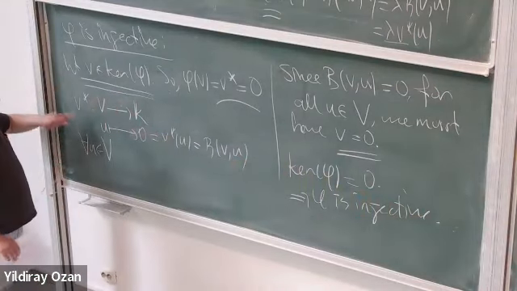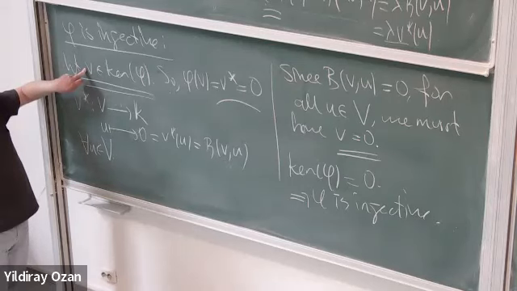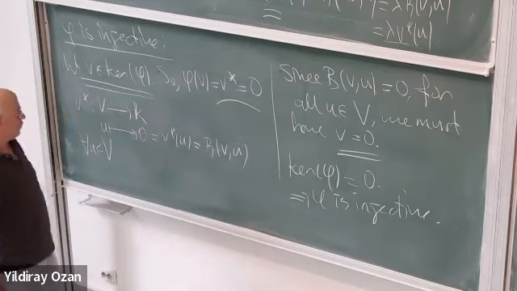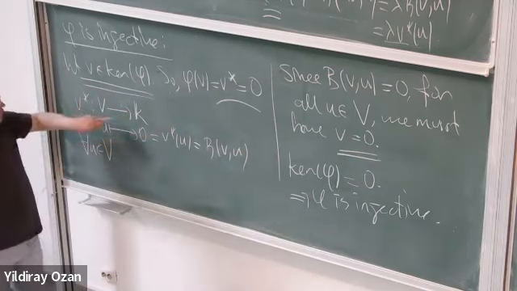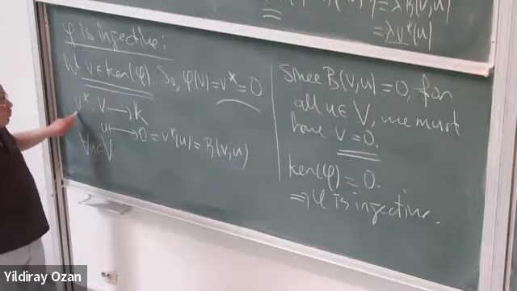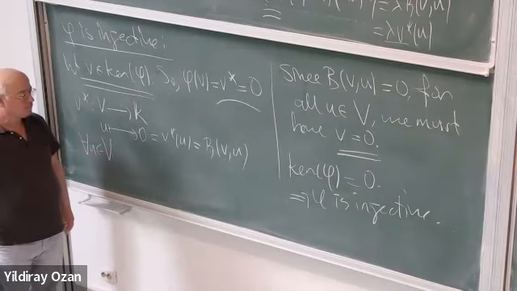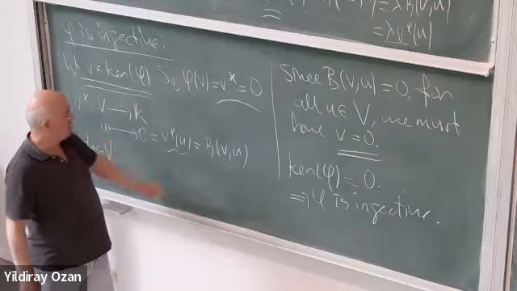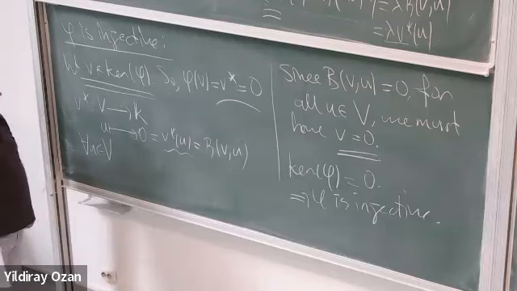Okay, now we chose an element in the kernel, so this means phi of V, which is V star, is 0. But what is this? V star is just a linear map from V to K, and it is this 0 map, means it sends everything to 0, right? And what is the definition of this gadget? It is just this product in the bilinear form.